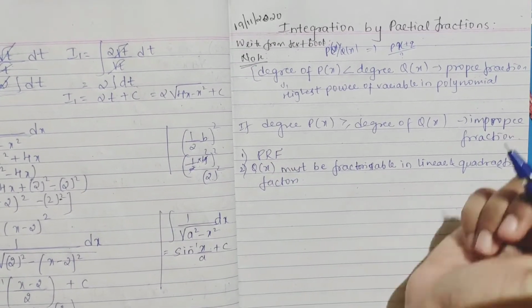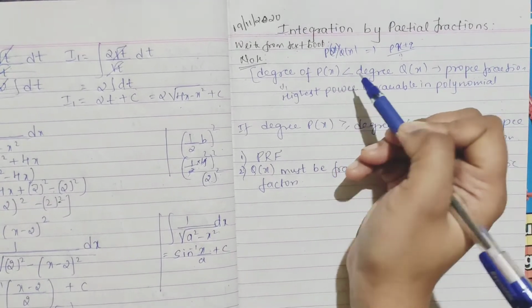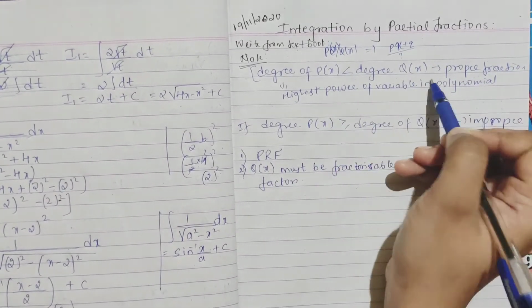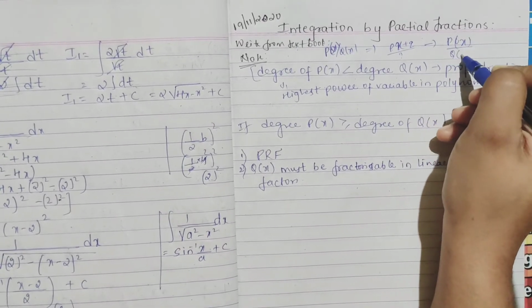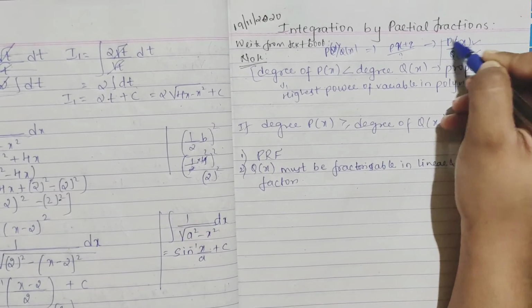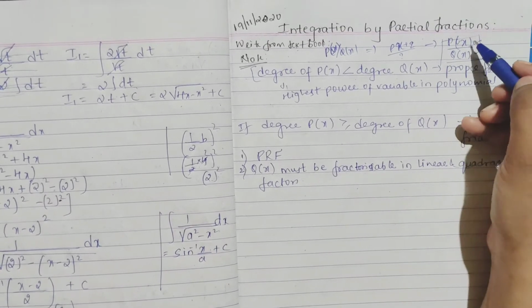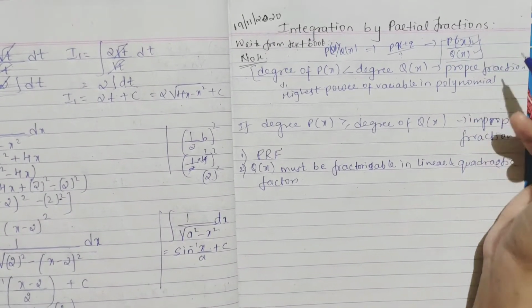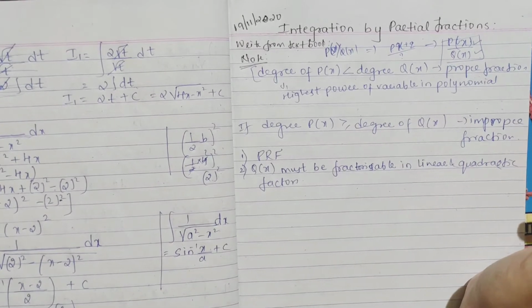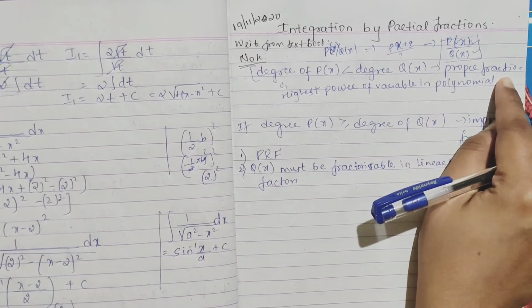What is a proper rational fraction? When the degree of P(x) is less than the degree of Q(x), means numerator by denominator, for partial fraction you need both. So the degree of P(x) should be less than the degree of Q(x). That is termed as a proper fraction.